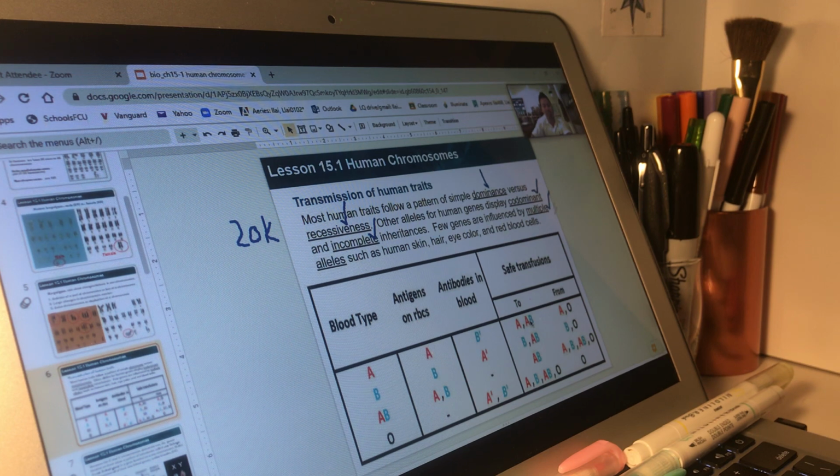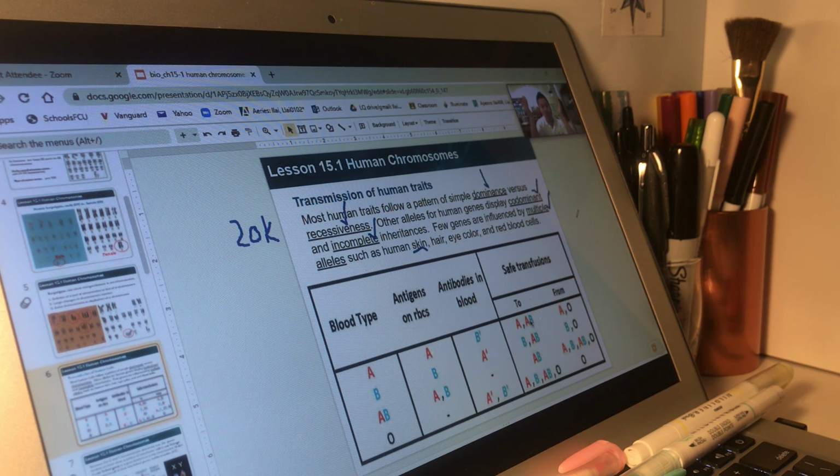For example, human skin, right? Human skin, it is not just black or white. Human skin is very diverse. There's a range. There's like maybe 10 or 15, 20 different genes that control hair color, eye color, blood cells, skin color.